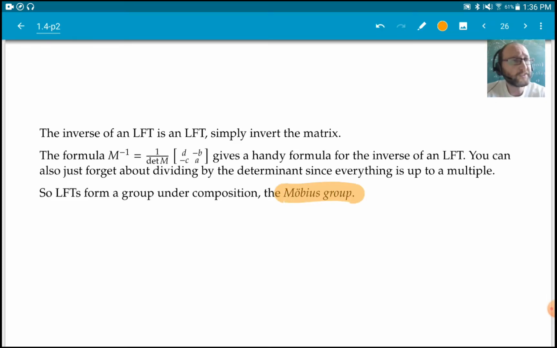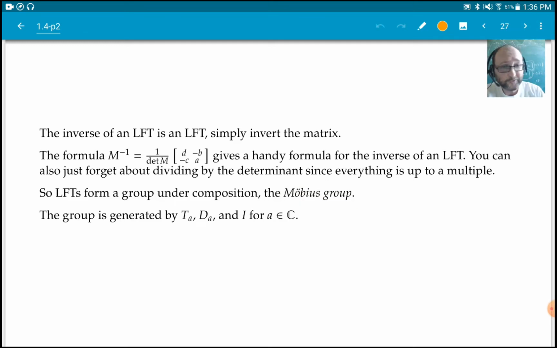It's a group under composition, giving you all the LFTs, right? And something that we proved last time is that this group is actually generated by translations, complex dilations, and complex inversions, right? So if I take all of those and generate the group, I get the group of all the LFTs, right?